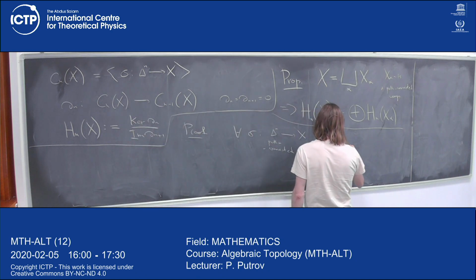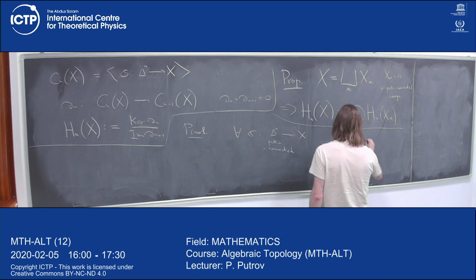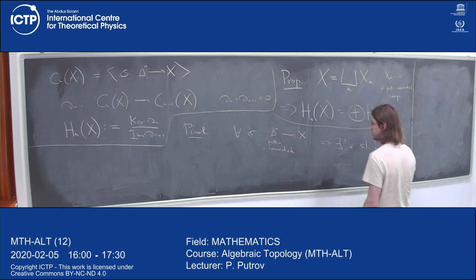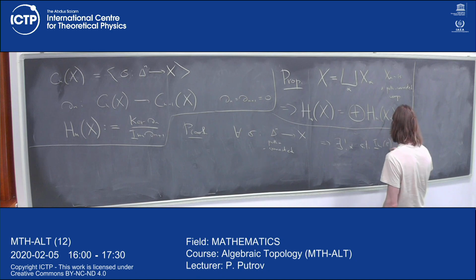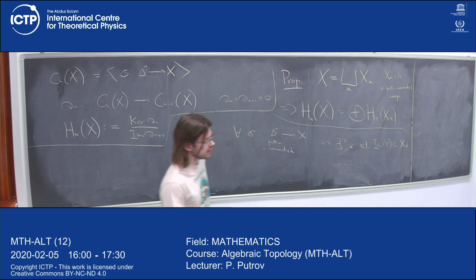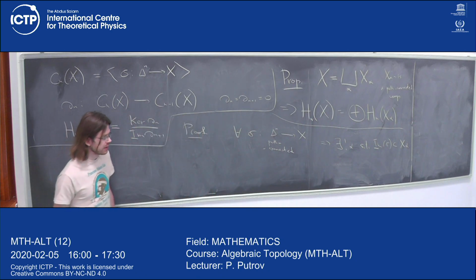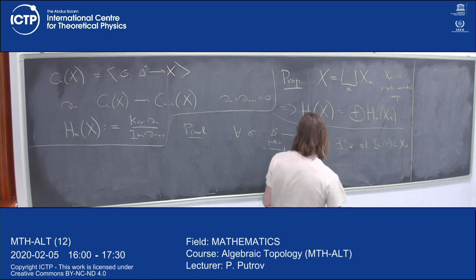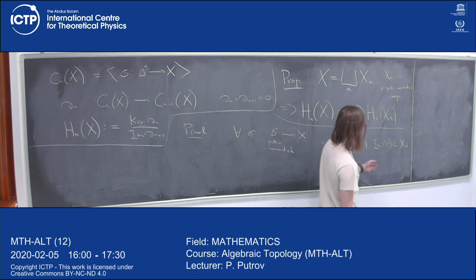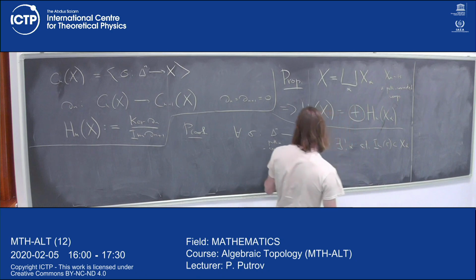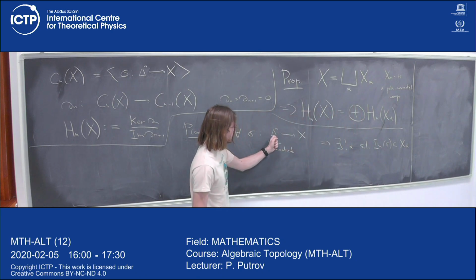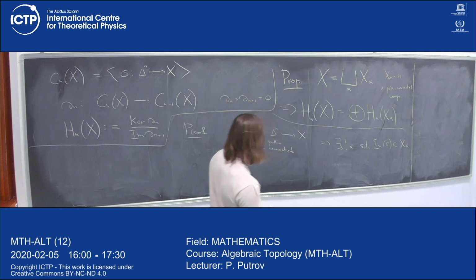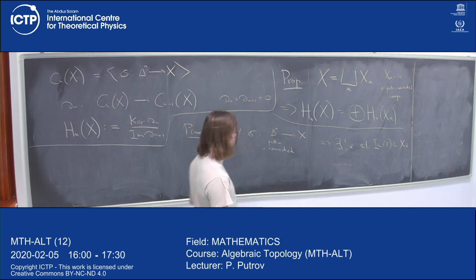Therefore, there exists a unique alpha such that the image of sigma is completely inside the corresponding path-connected component, right? Because otherwise there would be a path between different connected components. Any two points here can be connected by paths, so you can compose this path to this path.